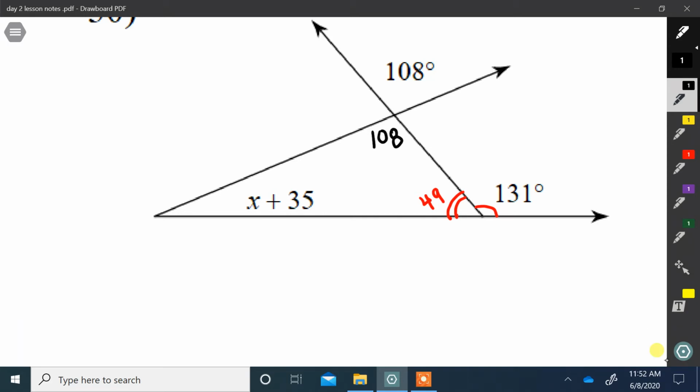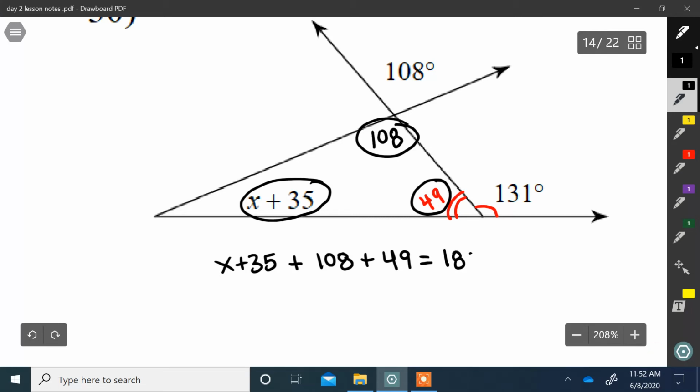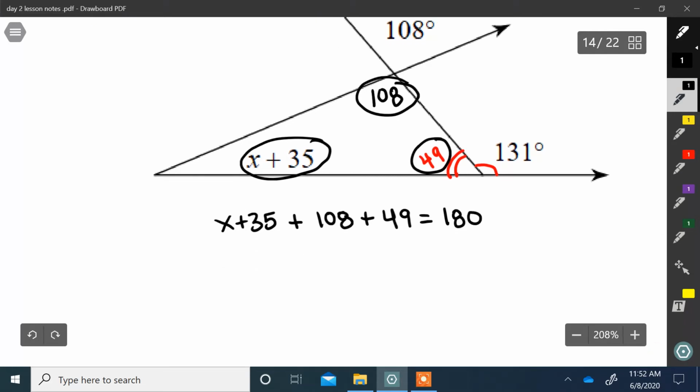So that means that x plus 35 plus 108 plus 49, that's all going to add up to 180 degrees. I'm going to go ahead and add all those numbers.